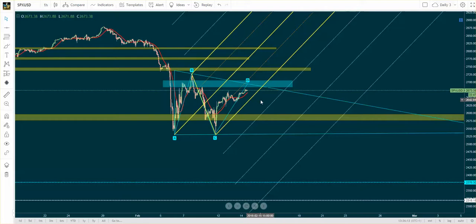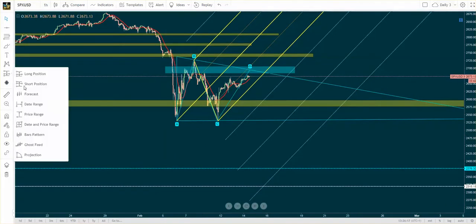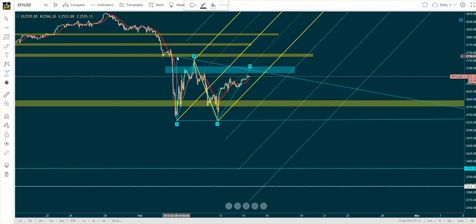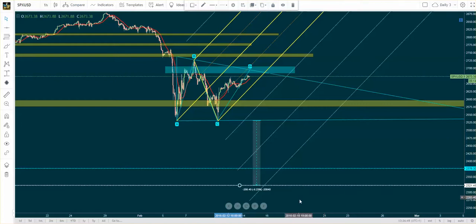However, if the triangle is confirmed, then we should measure the price like this. Excuse me, I'll just use this color better. So that would be our preliminary target. The preliminary target of the triangle breakdown lies around 2322, more or less like this.